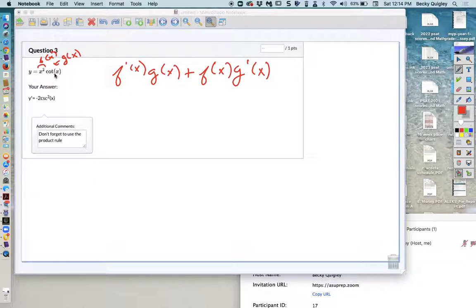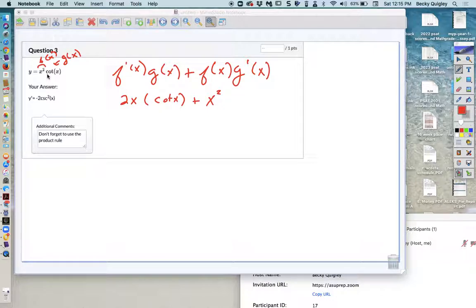So the derivative of x squared, you have the 2, but you left off your x, is 2x, and then multiplied by g of x, which is just cotangent x, plus f of x, which is x squared, times the derivative of cotangent x.